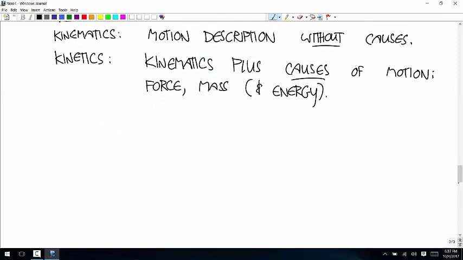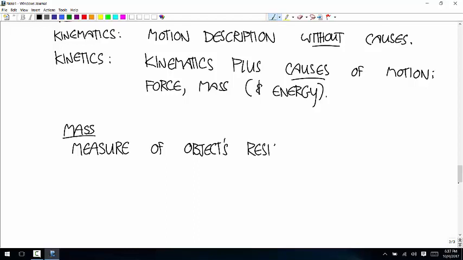So the first thing we have to do is introduce these new terms, mass and force. I'm going to do mass first because it's easier. So mass is a measure of an object's resistance to acceleration.